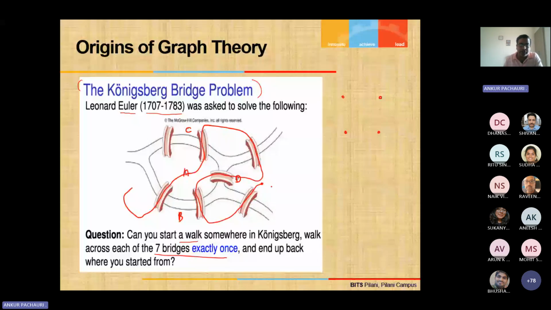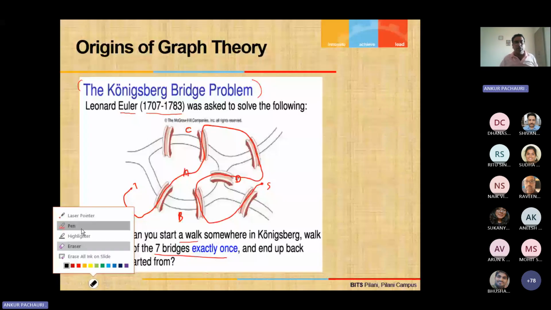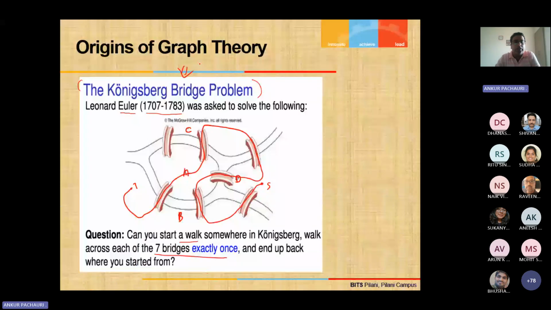Again, he started at this point and terminated at this point, and 1 bridge is again left. So the problem was that you have to traverse each bridge exactly once and come back to the starting point. This gave rise to a new area of mathematics, which we call graph theory.